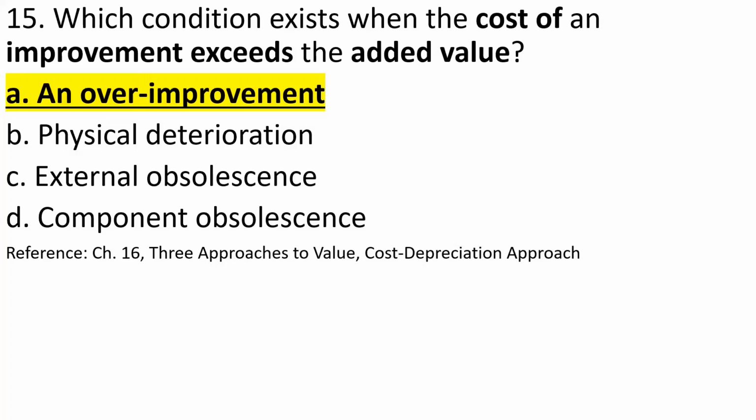Well, in that case, the $75,000 that you put in the pool will not add $75,000 to the value of the house. It may at best add $10,000, perhaps $15,000. So you can see the cost of the improvement exceeds the value added. So therefore, that is an over improvement.